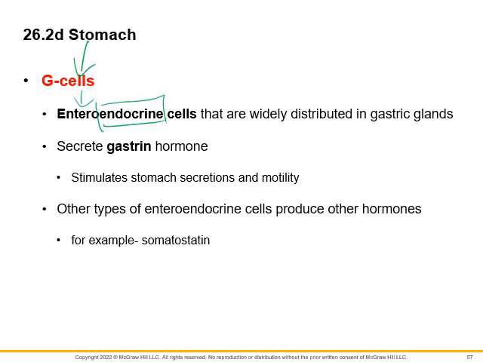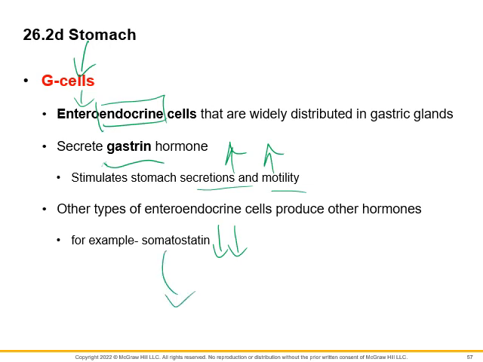or hormone-producing cells. These are going to secrete things like gastrin, which can increase stomach secretions and increase motility, or the movement and mixing of food. And then other types of hormones like somatostatin, which can decrease the secretions and motility.